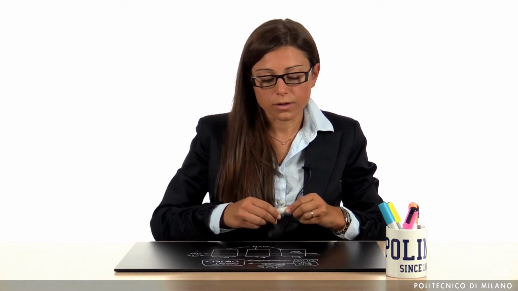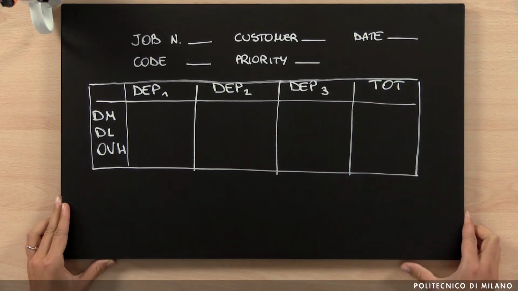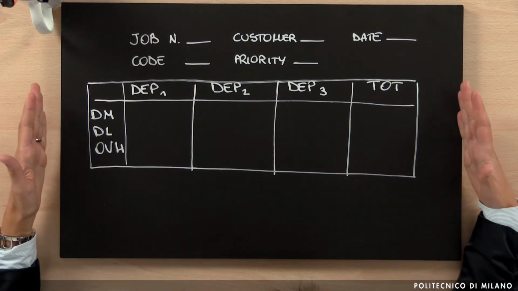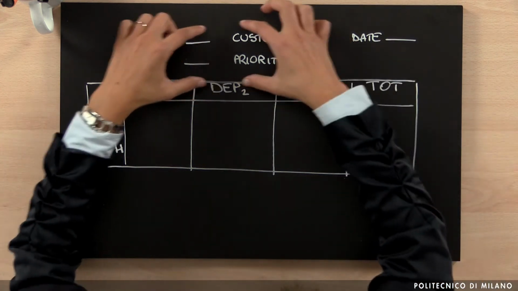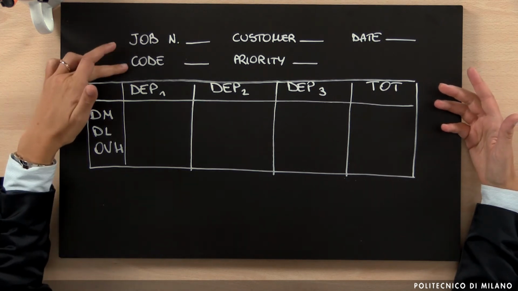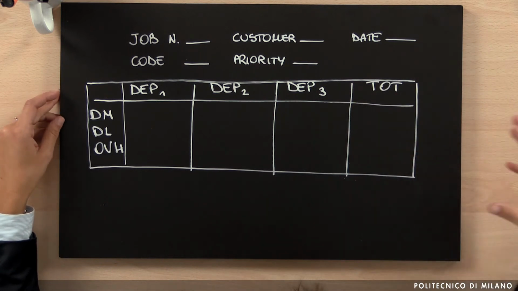In a job order costing system, what is used to assign these overheads is what is defined as the job order sheet. This is an example of a job order sheet. Basically, every job has a kind of paper in which we can find all the details of the job itself. Usually, the first part contains general information, for example the job number, the code, the customer, the priority, and the date: all the characteristics of our output.